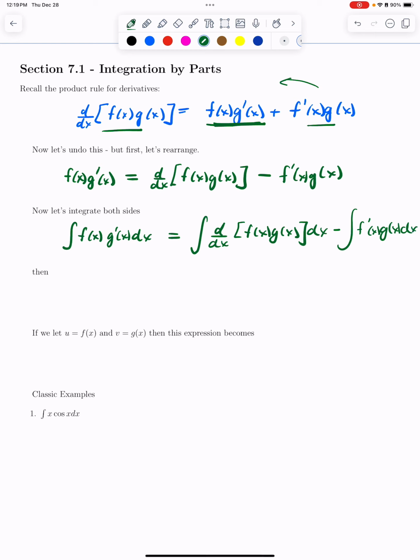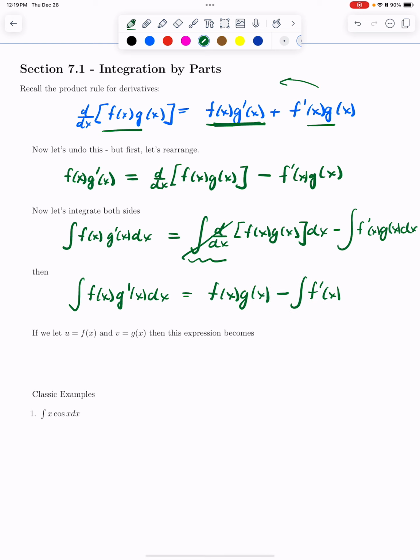Okay, if you remember the fundamental theorem of calculus, if we anti-differentiate the derivative, they cancel each other, and we have the integral of f of x g prime of x dx is equal to f of x times g of x minus the integral of f prime of x g of x dx.